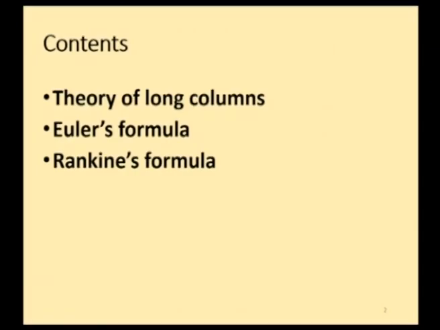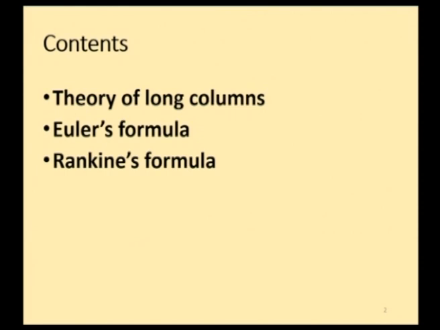Welcome to the UGC lecture series for Bachelor of Architecture. In this lecture, we will be continuing the theory of long columns, which forms unit 4 of the subject Mechanics of Structures. The contents will be the theory of long columns as evolved by Euler as well as by Rankine.